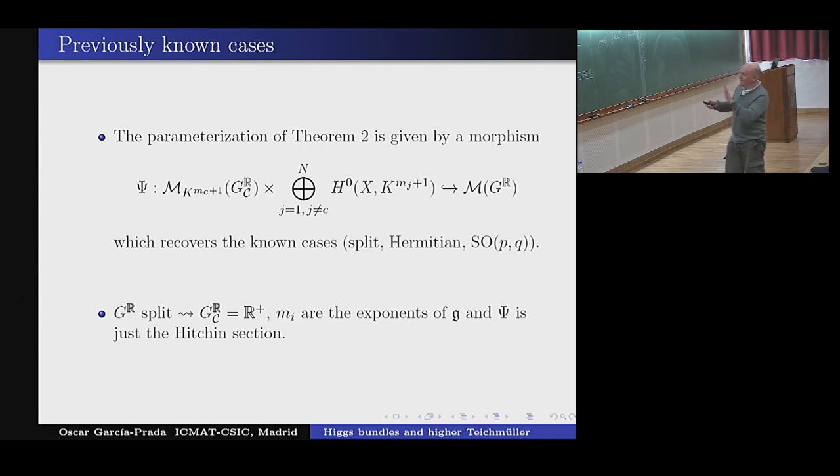This thing is absent, you only have this. And in fact, m_C plus 1 is 2. And then in SO(p,q), we found a mixed situation, which is precisely closer to this. But this is the general picture: you always have a mixed situation, a mix of a Hitchin section somehow and some moduli space for another group, the Cayley partner.